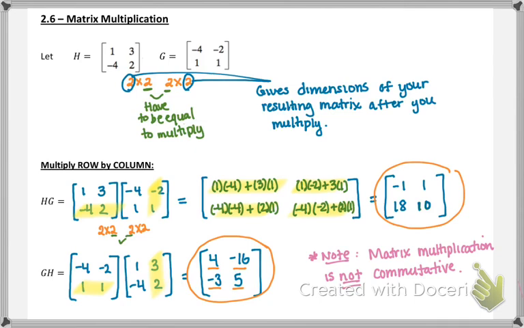So it does matter which one you multiply on the left and on the right. H times G is not the same as G times H.